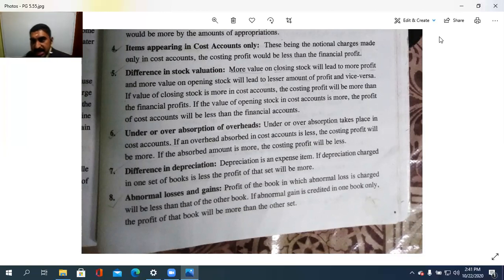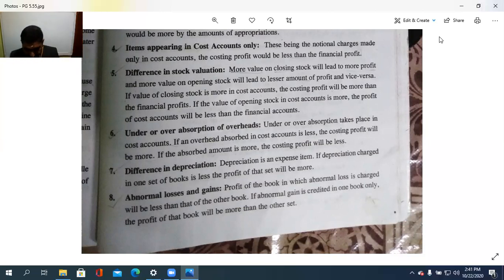Profit of the book in which abnormal loss is charged will be less than that of the other book. Abnormal loss, extra losses, losses that come. So profit will be less, isn't it? So the profit of the book where it is charged will be less compared to the other book. If abnormal gain is credited in one book, the profit of that book will be more than the other.